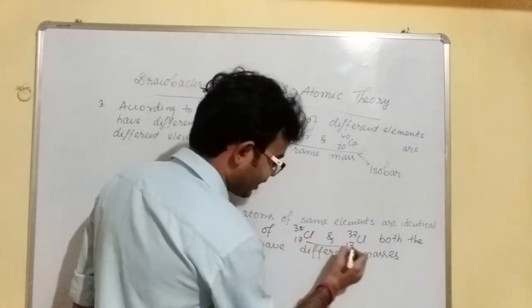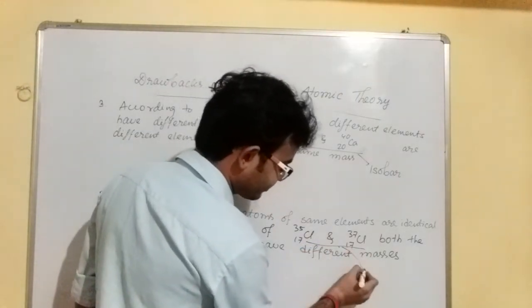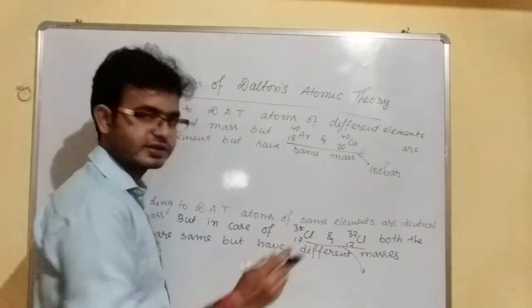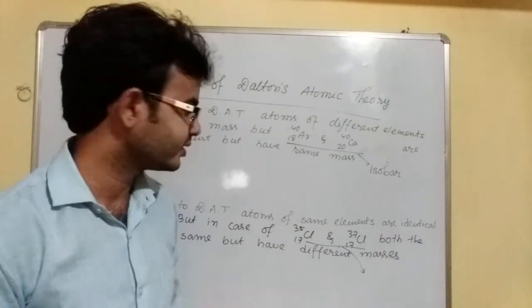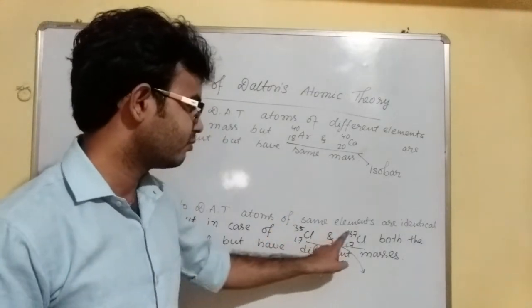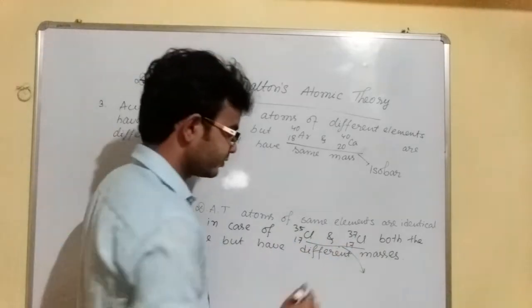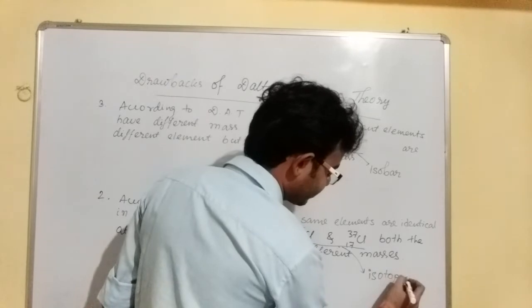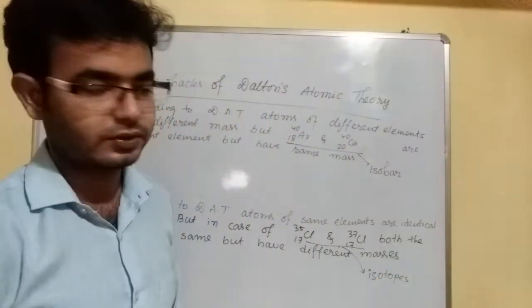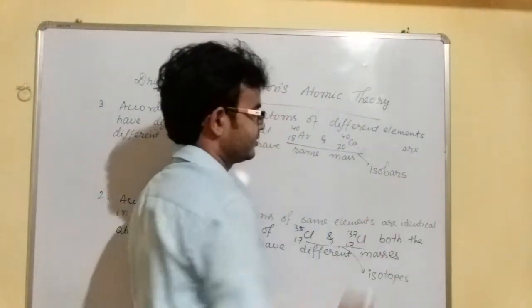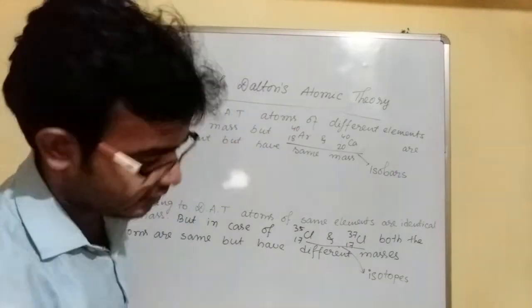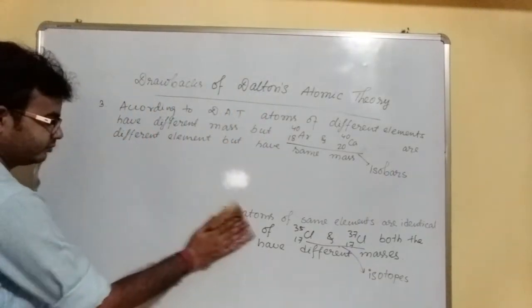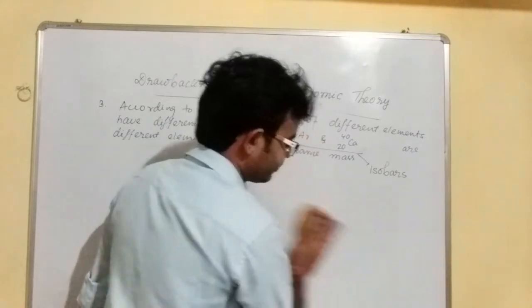And where the atomic numbers are the same but the masses are different, they are called isotopes. And these are called isobars, they are isobars to each other.